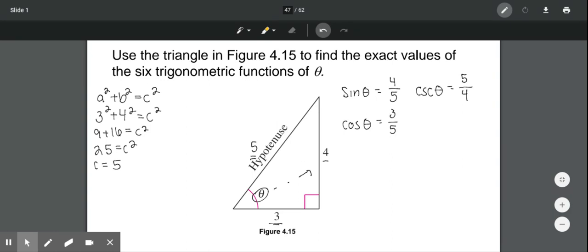So 3/5, which means that the secant is the reciprocal, which is 5/3. And the tangent of theta is opposite over adjacent, so 4/3, which makes the cotangent of theta the reciprocal, so we would have 3/4.